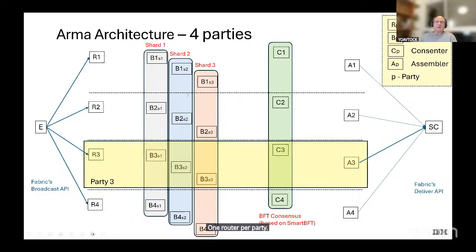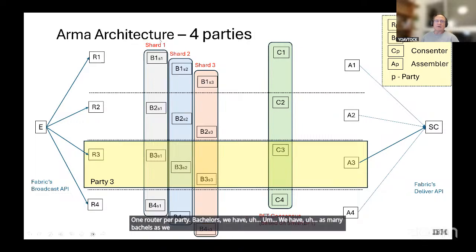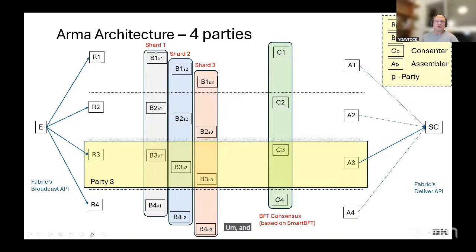Batchers, we have as many batchers as we have shards, and within each shard is a cluster communication protocol. Then each party contributes one consenter. And finally, each party has one assembler.